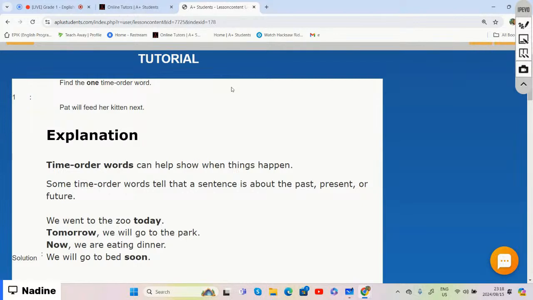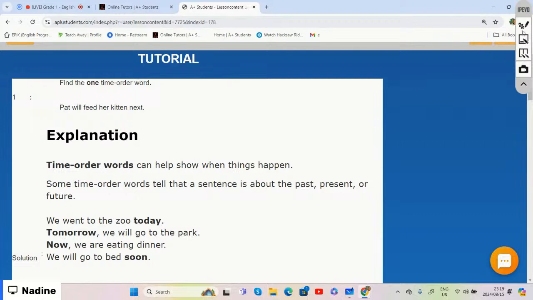What is the one time order word? All right.